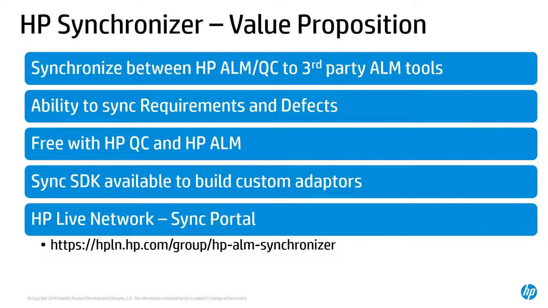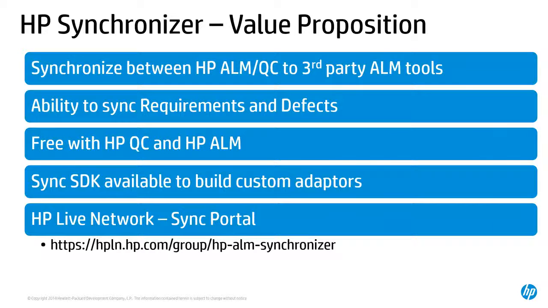And as ALM and Quality Center are, I would say, the tool of choice primarily from a testing perspective, it's important that we have the ability to integrate specifically around defects and also around some of the requirements that we like to manage as part of the life cycle into many of these tools.